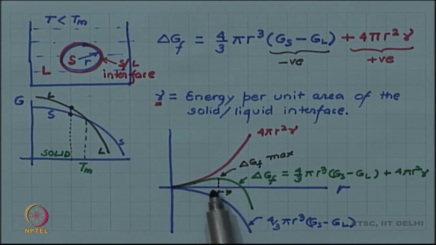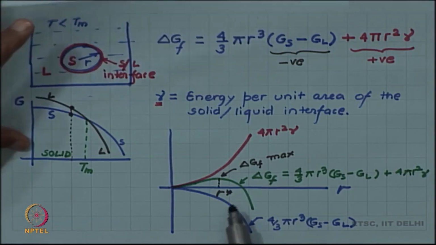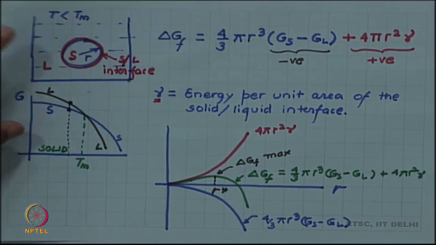So, solid balls of radius r less than r star will not grow. But if you have solid balls of radius r larger than r star, then further increase in radius brings the free energy down. So, growth will be possible if radius is larger than r star.